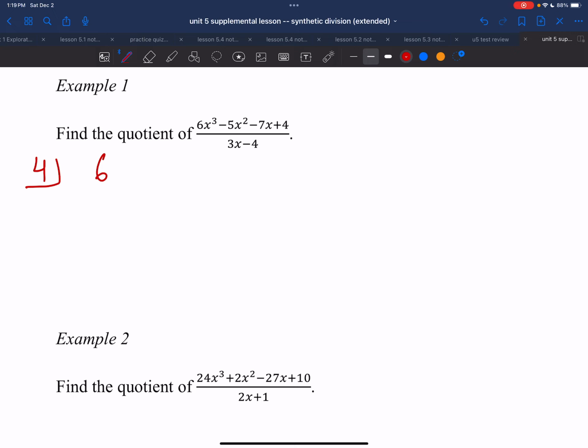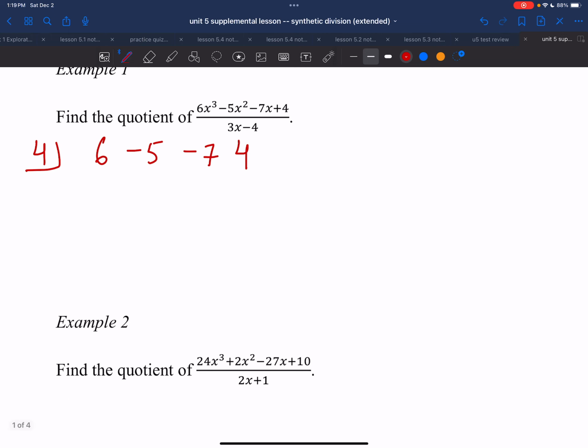So I've got 6x cubed minus 5x squared minus 7x plus 4, right? And I'm going to do synthetic division the same way. But what I like to do, and this is where I'm going to change it a little bit, I'm going to draw this because this is how, when I do extended synthetic division, I like to draw it this way instead, okay?